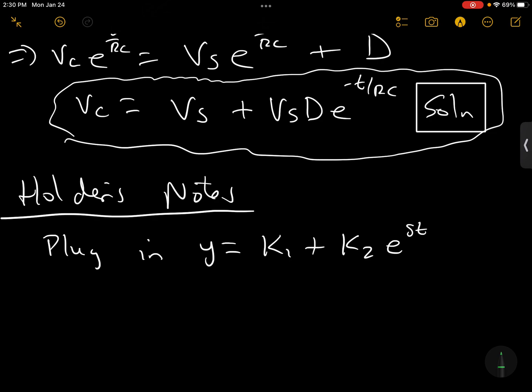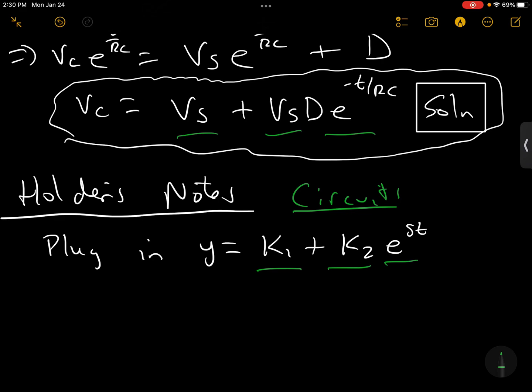You've got this and this, this and this, this and this. This is from the circuits notes. Just plug this in.